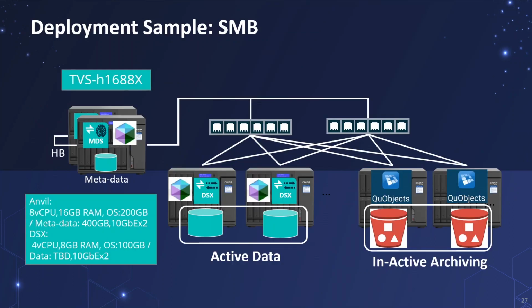Let me give you a very simple deployment example. For SMB, you can choose QNAP entry models like the TVS-h1688X model, which can give you up to 60 drives. You can combine SSD or SAS drives. We also give you some suggestions on the resources. You can install vFilO in QNAP Virtualization Station.